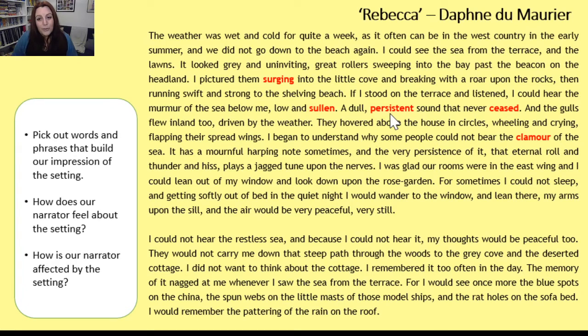But it can also mean when something is persistent that it doesn't really stop, it goes on and on and on. Hopefully you're thinking that I'm being persistent right now. But the other side of that is the word cease. So to cease something is to stop. So to cease is to bring to an end. We're not ceasing this just yet.